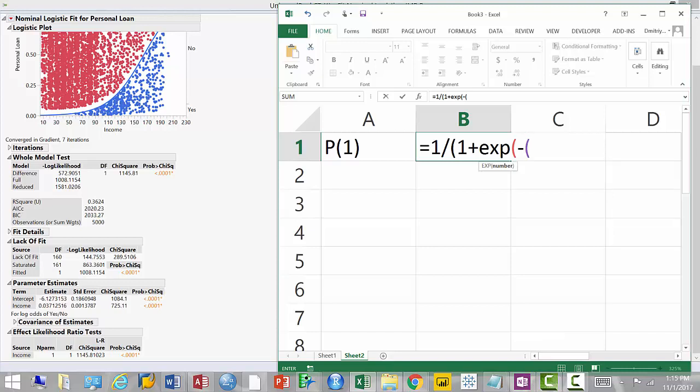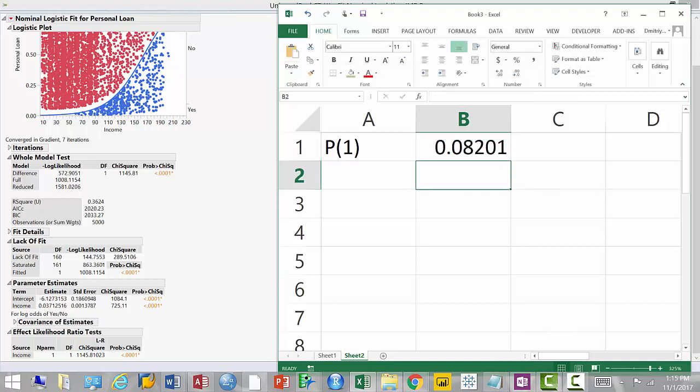My regression is what? Minus 6.1273, plus my slope is 0.03712, and multiplied by 100,000, that means dollars, right? So I close the brackets for the regression, I close the brackets for the exponent, and the last one is like that. Okay, so when I hit enter, there it is, okay?